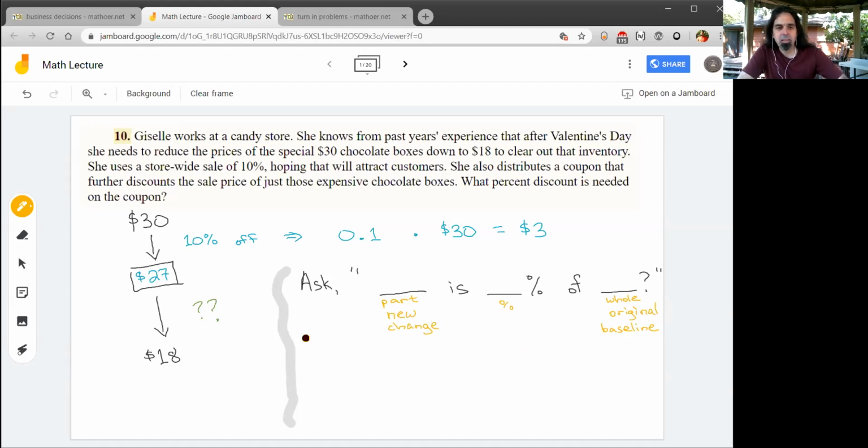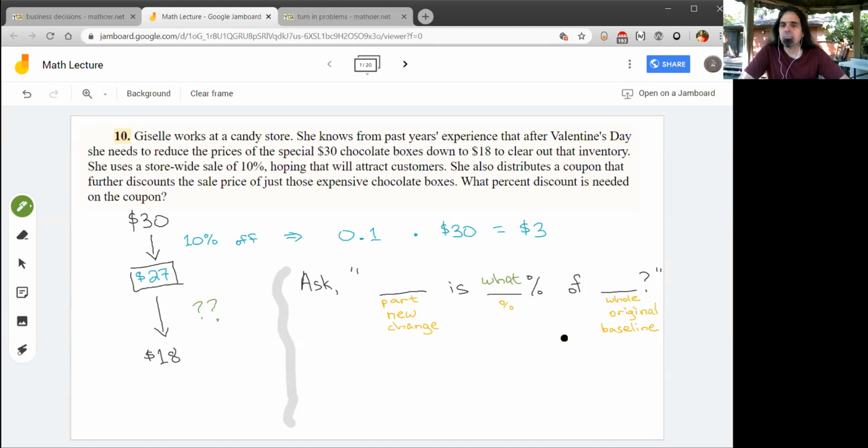So I want to play Mad Libs and plug 3 things in, and I have 3 things here. The thing I don't know is going to be the percent. The only issue is which one is 18 and which one is 27.